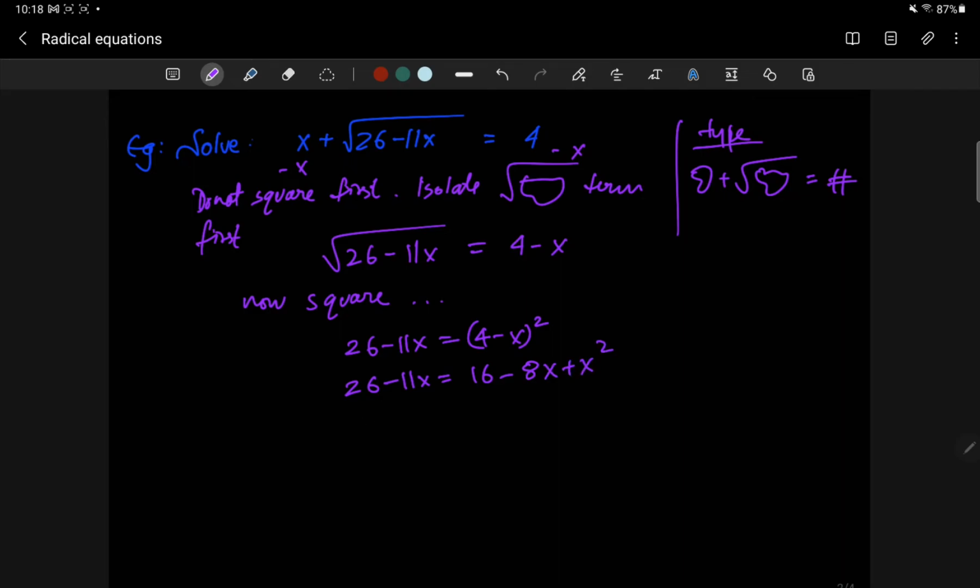Now you bring everything to one side, so you add 11x, add 11x. You subtract 26, subtract 26.